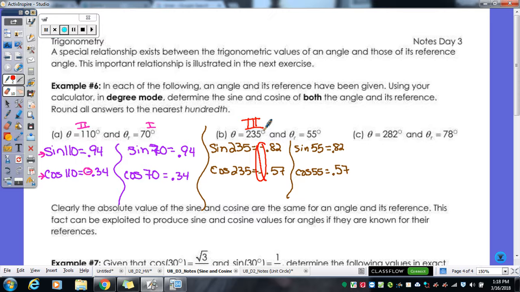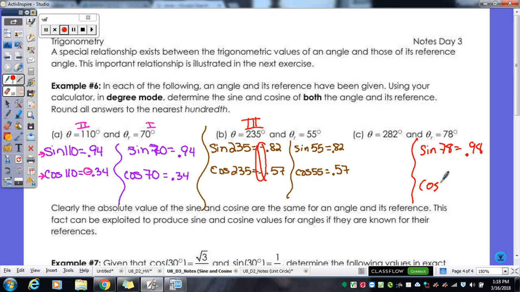Yes, your reference angles are always acute angles, so they would be in quadrant 1. Let's try this one backwards first. So let's do sine of 78 first. What do we get? 0.98.